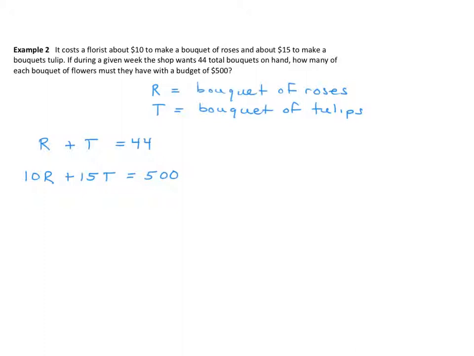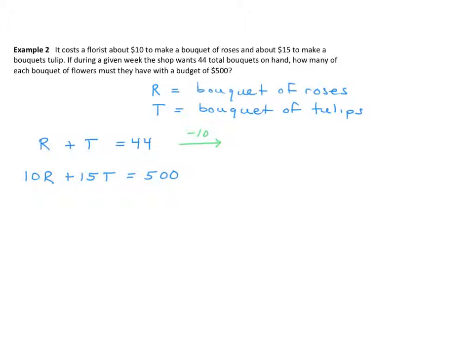So again, we took the sentences, defined variables, and created two equations. The goal is now to solve this system of equations. I think I'm going to use the addition method here. I see I have 10R. If there was a negative 10R right here and I added the two equations together, these would cancel. So my first step is to take the first equation and multiply it by negative 10. This is not the only approach you could take, I just think it'll work nicely for this problem.